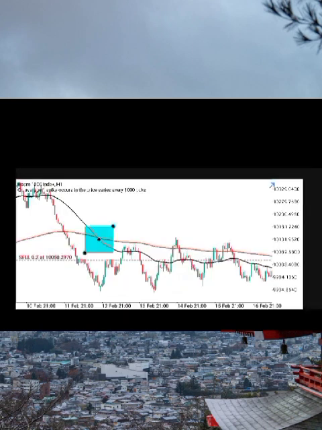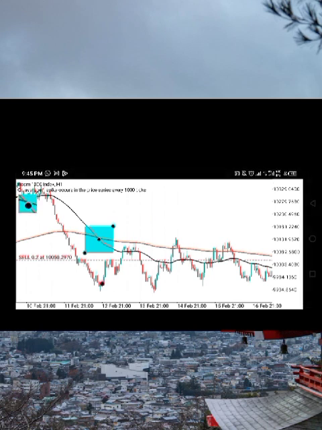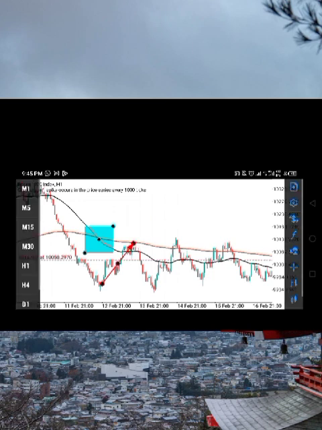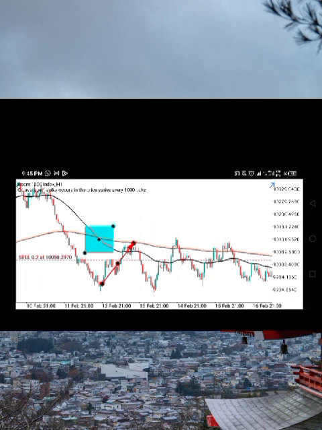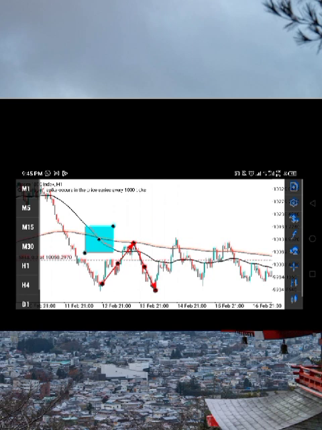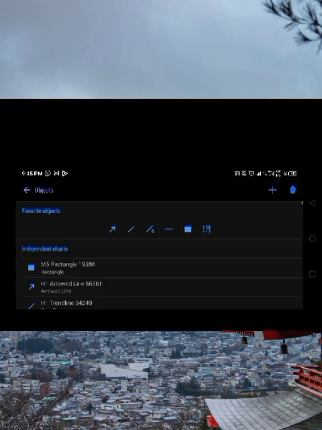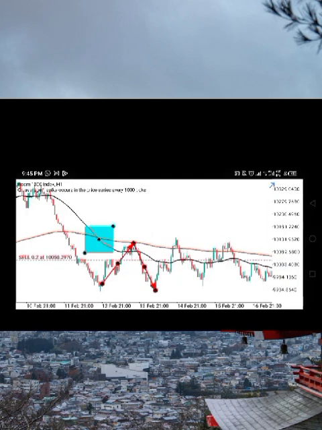Consolidation here simply means when the market crossed over, the market moved. It came down to this point, then it went up to that point. Then from that point, it went down to this point. All of this movement, wherein the market is moving up and down almost in the same zone, is what we call consolidation.